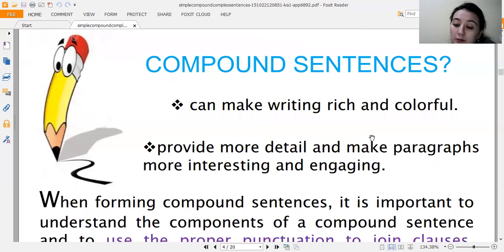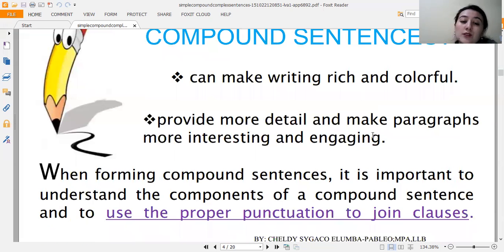So, when forming a compound sentence, it is important to understand its components and to use the proper punctuation to join clauses. This means that while forming a compound sentence, we have to pay attention to punctuation also, because sometimes commas will be needed.